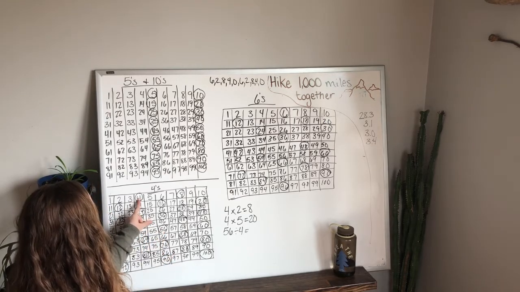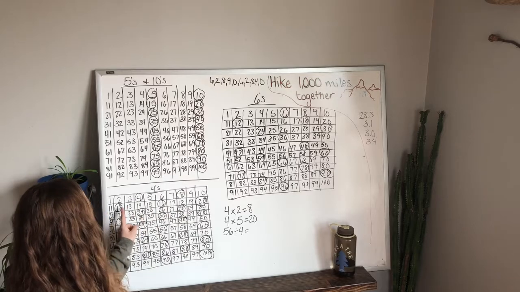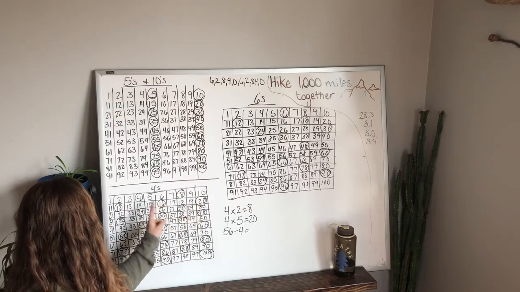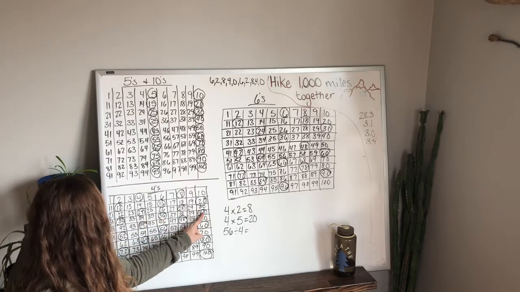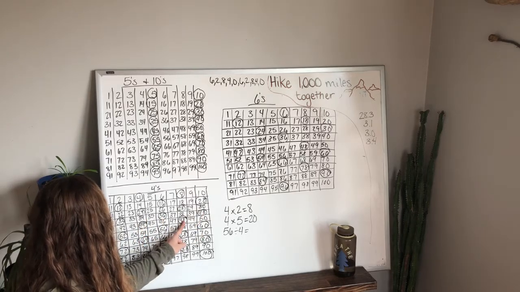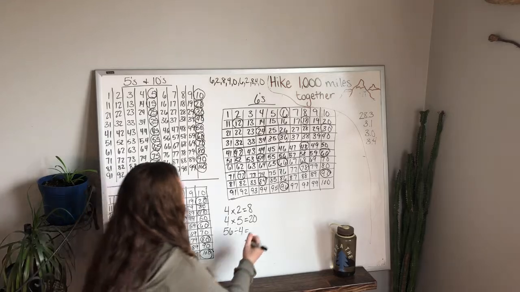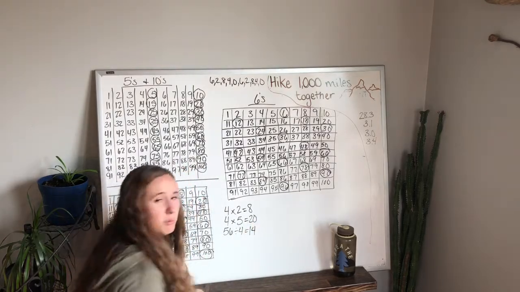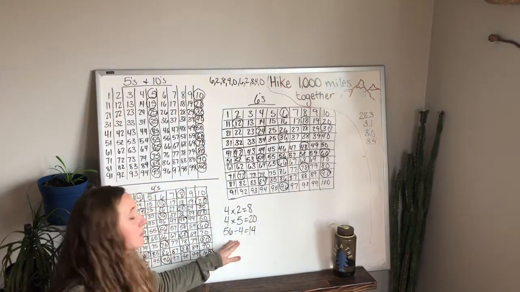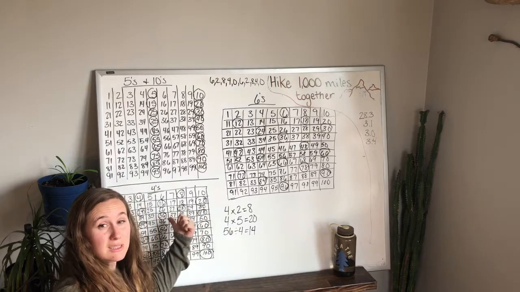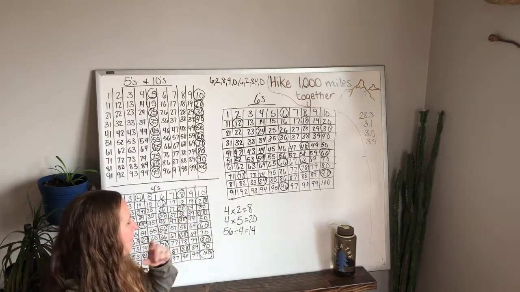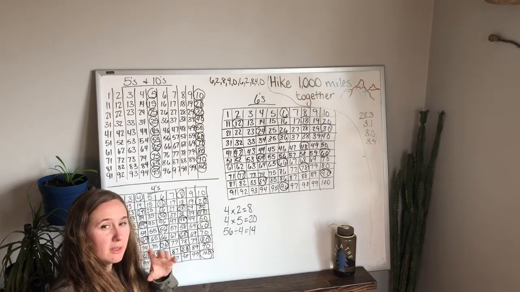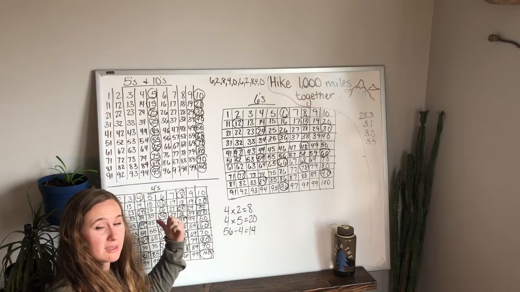So I start up here. 1, 2, 3, 4, 5, 6, 7, 8, 9, 10, 11, 12, 13, 14. So even bigger multiplication or bigger division, you can use this hundreds chart with the pattern to be able to find it. Now, I want to see if we can get a little bit more complicated with this pattern to see if it can help us.